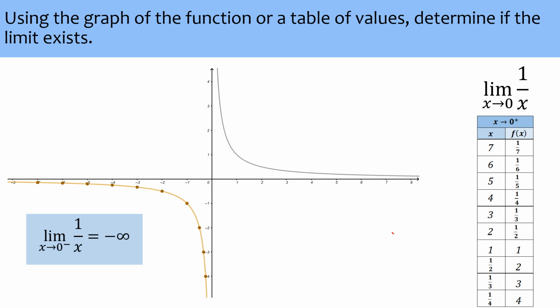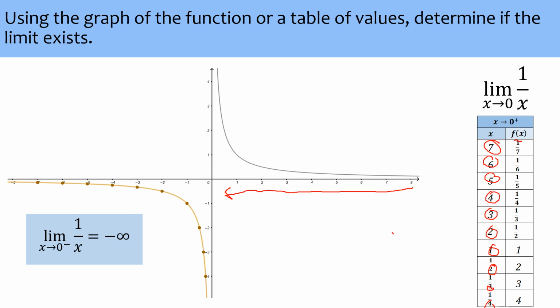And as you can see, what we're doing with the values for x is that we're going from positive infinity, going closer and closer to 0, which makes sense because we're decreasing the values of x, going closer and closer to 0, but we're not going to reach 0, right? We're only approaching 0. Now what happens to the values of f of x?